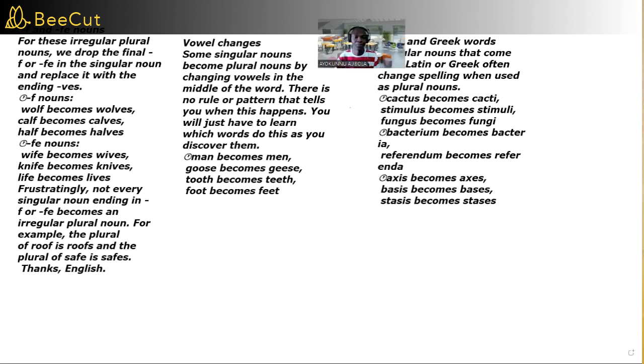So, Ire, are you with me? Yes, sir. From the example that Ezekiel just mentioned, leaf becomes leaves. So, apart from the examples you can see on the board, can you think of any other one that changes from F to VES when changing to plural?